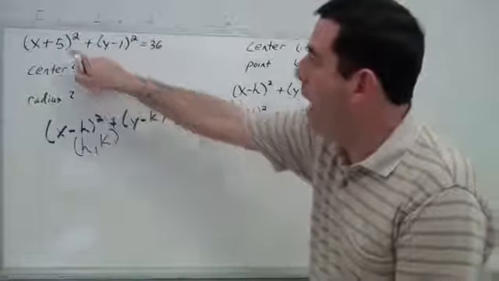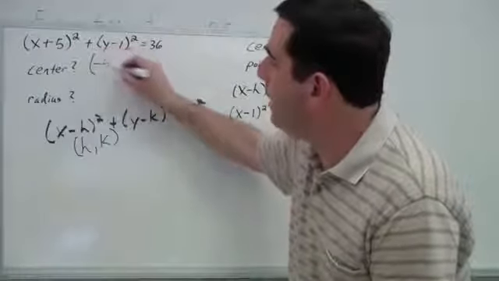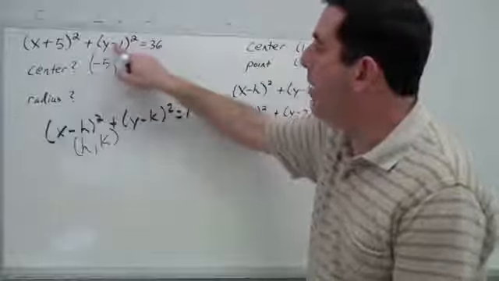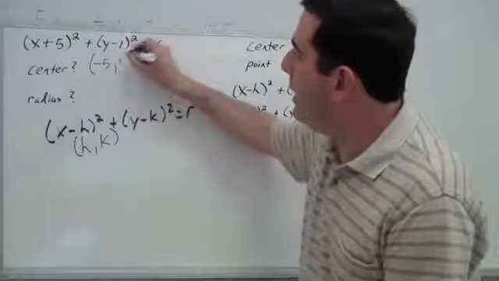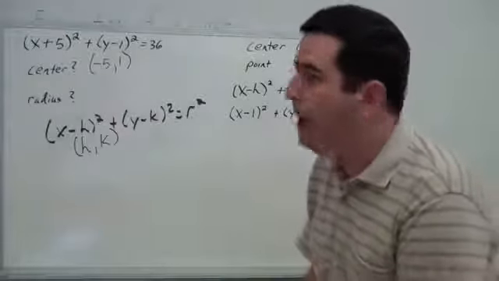So here, opposite of +5 would be -5. Opposite of -1 would be +1. So the center's at (-5, 1).